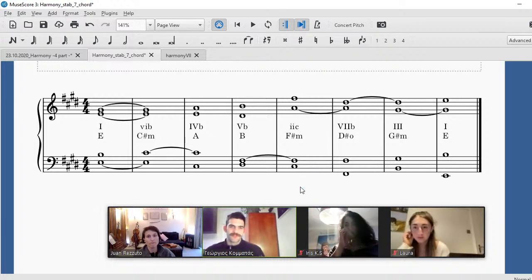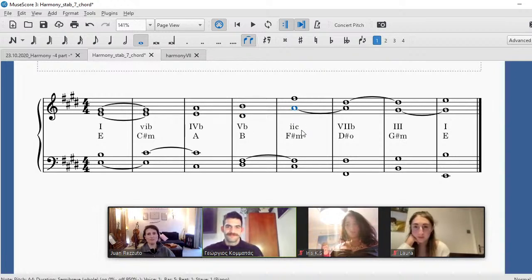Two leading notes as well on the dominant. What's happening? None of them is resolving. Error detection. What he's saying, Georgios, is two leading notes.